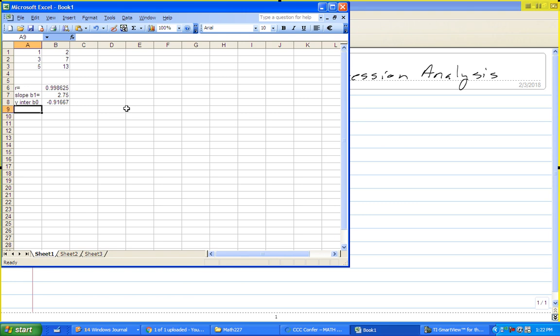Okay, and suppose I want to find y at, let's say 4, because I don't have 4. Then I could do forecast, spelled correctly. So let's say 4, and then you put in your data.